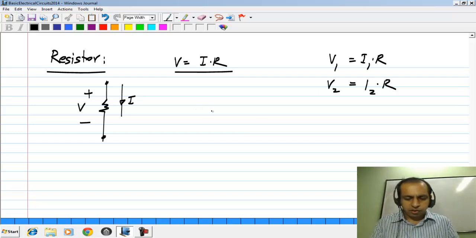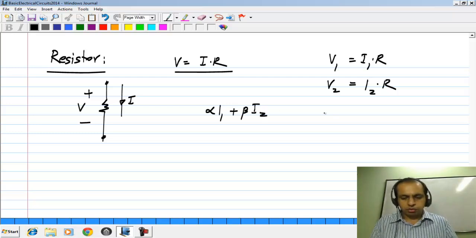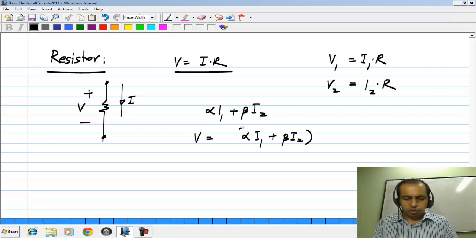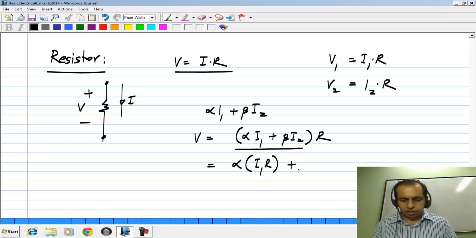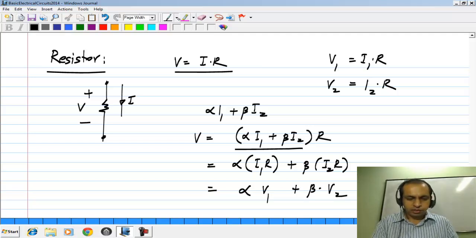Now what happens if the current is alpha I1 plus beta I2? The voltage will be alpha I1 plus beta I2 times R. Basically it is the current times the resistance, which of course can be written as alpha times I1R plus beta times I2R, which of course is alpha times V1 plus beta times V2. That is, if we applied a current I1, we would have got a voltage V1.